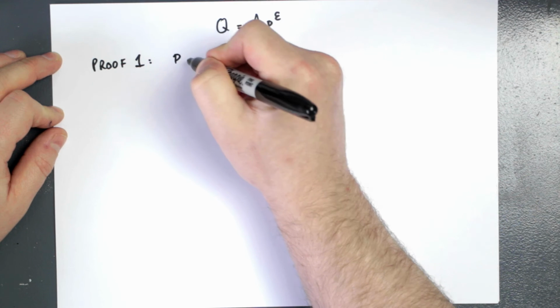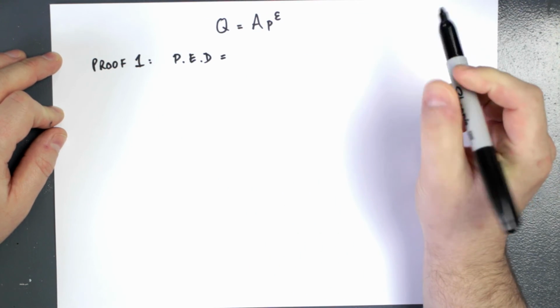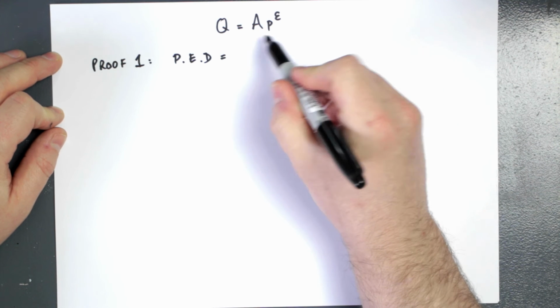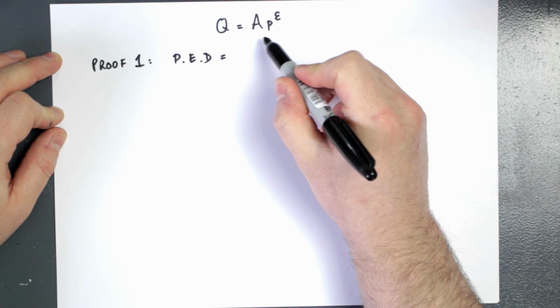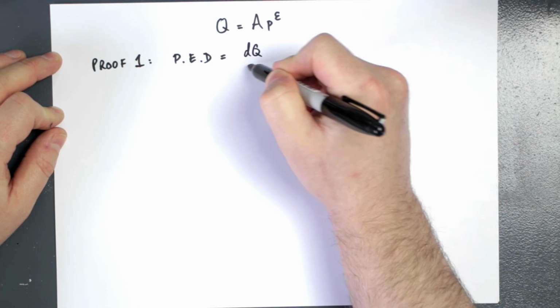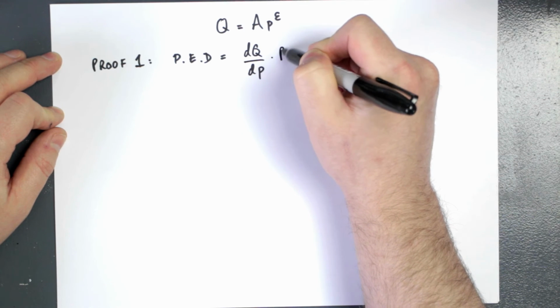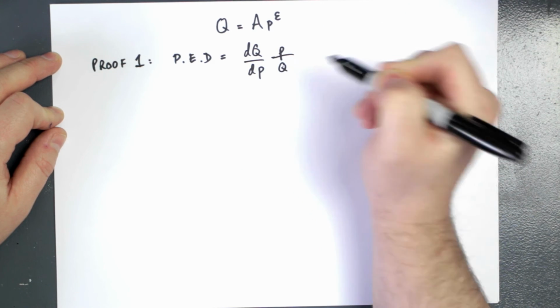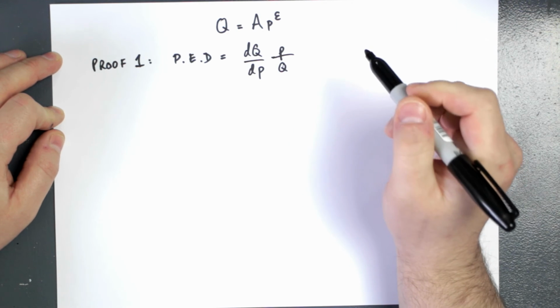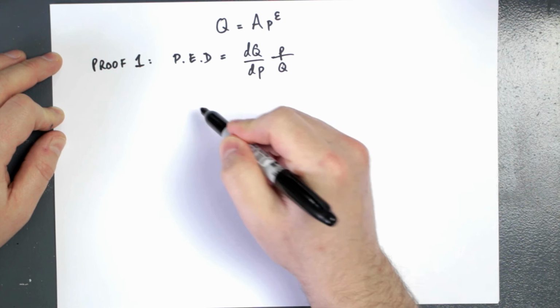So if you remember the formula for price elasticity of demand, what do we mean by this? Well, this demand function is a function of a single variable. Okay, so I'll just use the first derivative of Q with respect to P and then multiply that by P over Q. Okay, so this is the formula for price elasticity of demand. And let's work through each of these terms.